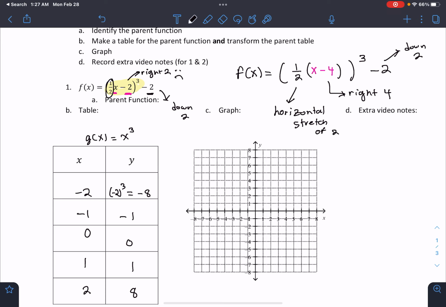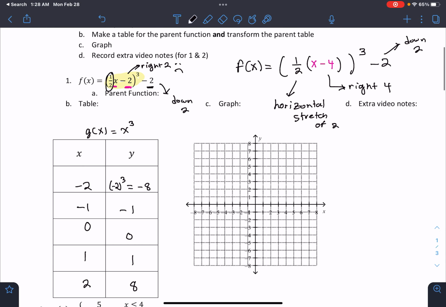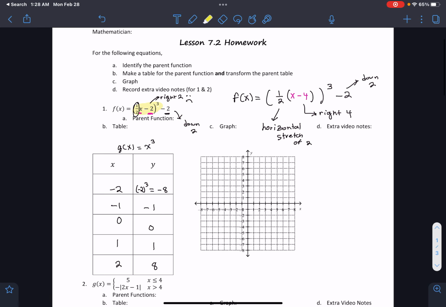So for a lot of us, this is probably a long time ago that we did something like this. So in pre-cal, if you already graphed trigonometric functions, then hopefully this is bringing back memories of what we did before. So what we're going to do now is look at our 3 transformations, which are horizontal stretch of 2, right 4, and down 2.